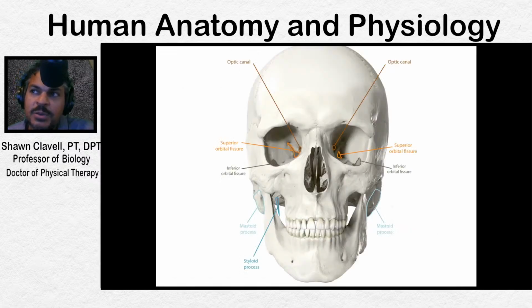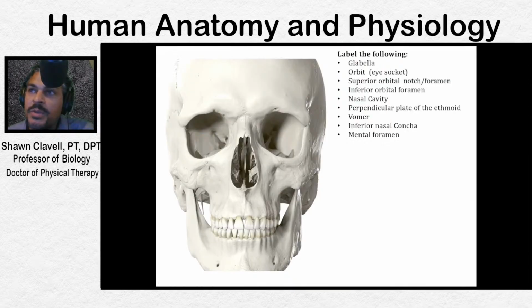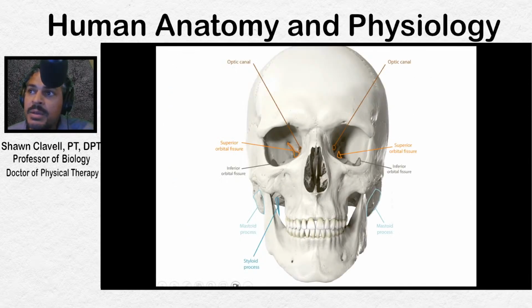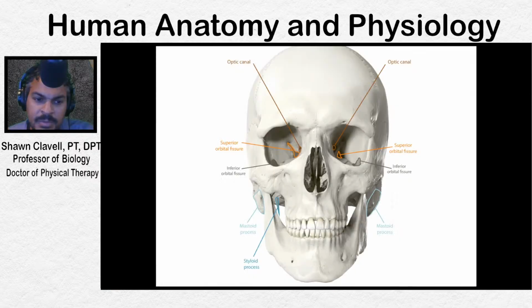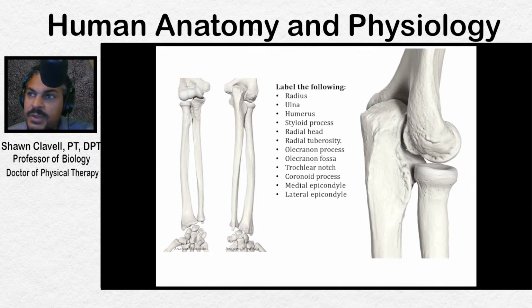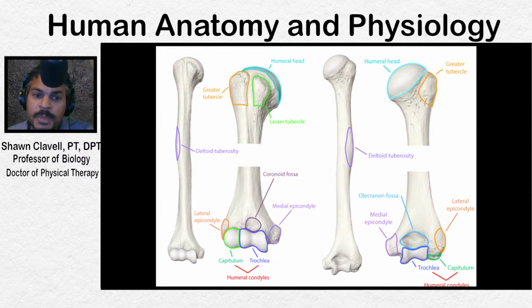kind of these pictures, right? So being able to identify the different features, whether it is the optic canal, the supraorbital fissure, the inferior orbital fissure, the mastoid process, being able to identify all of these features, whether it is a vertebrae, or if it is an elbow, so identifying the different components here, whether you've got the trochlear notch, the humerus, right?